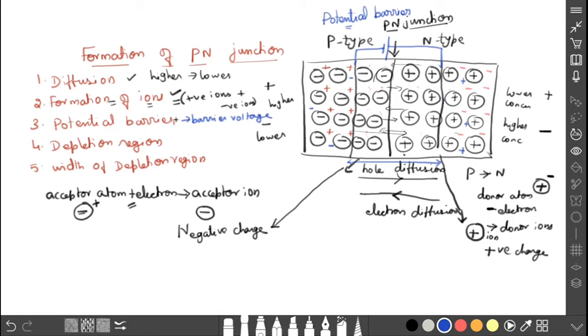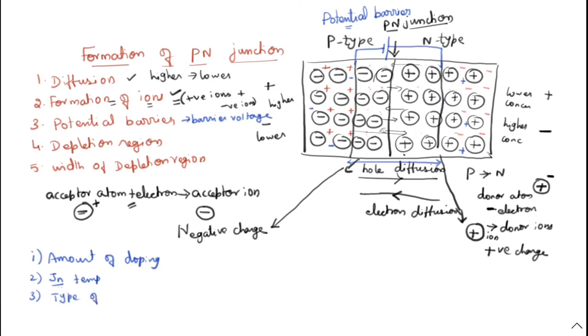This potential barrier depends upon the material which is used, the amount of doping, how much we are doping to get P type and N type, and the junction temperature. The main one is the type of material.